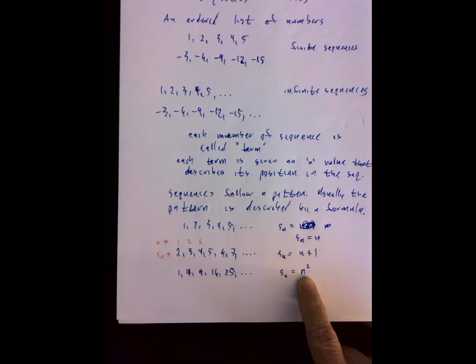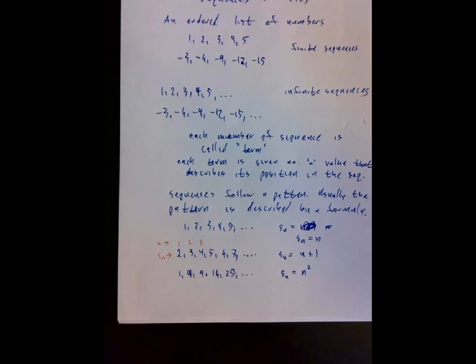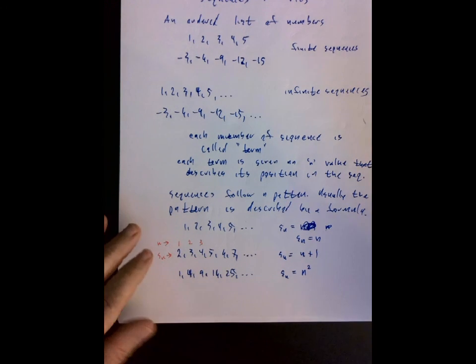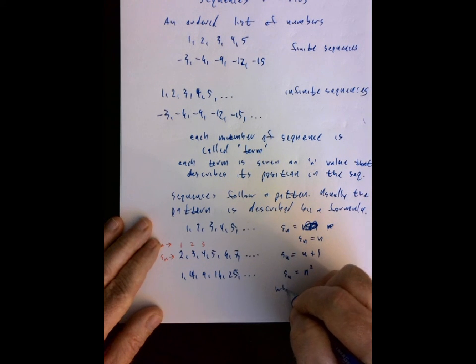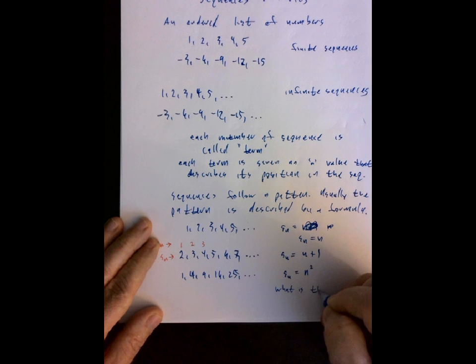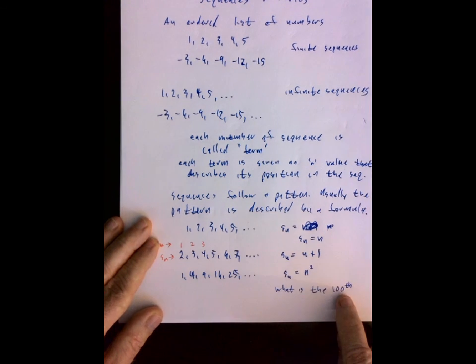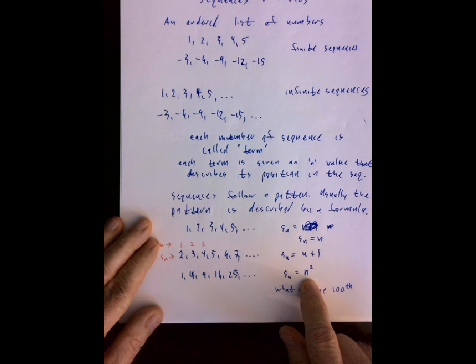And the nice thing about defining each sequence with a formula like this is that we can actually just say, well, what's the 100th term? Okay? To figure that out, we would just put 100 where the n is.